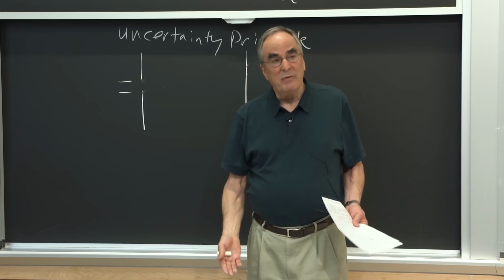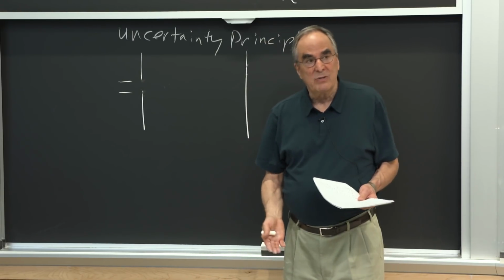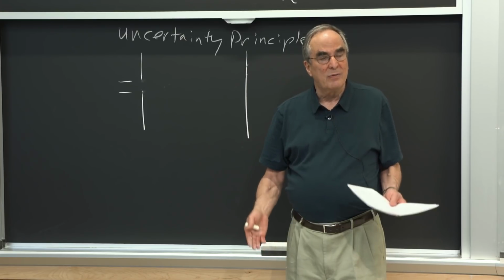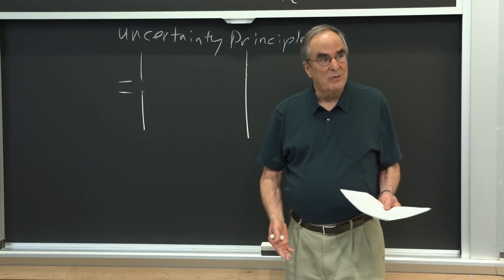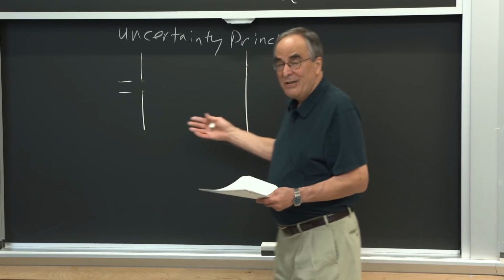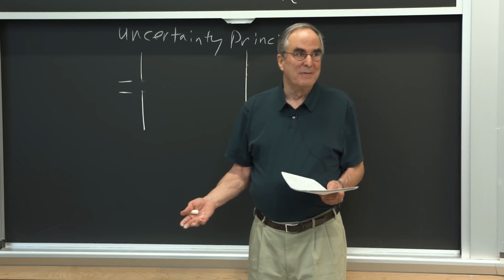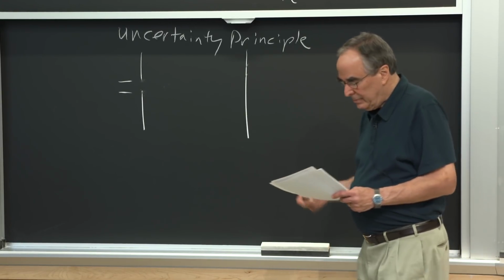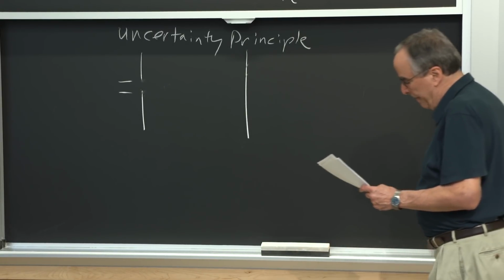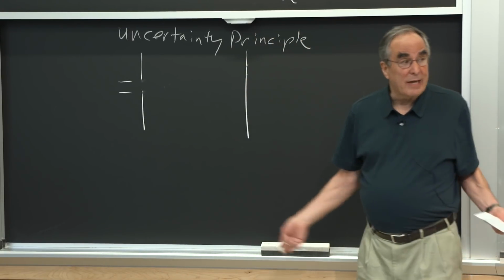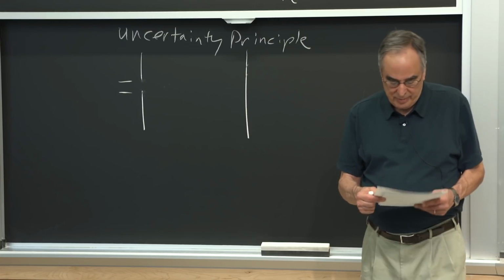You get constructive interference when the difference in path length is an integer number of waves, and destructive interference when it's an odd integer number of half waves. We're interested in the destructive interference. So we analyze this in exactly the same way we did the two-slit experiment.